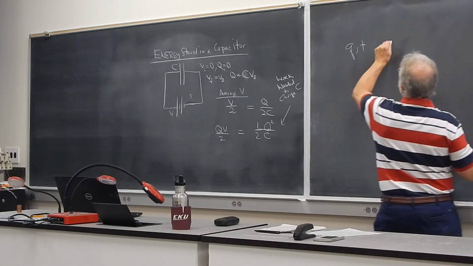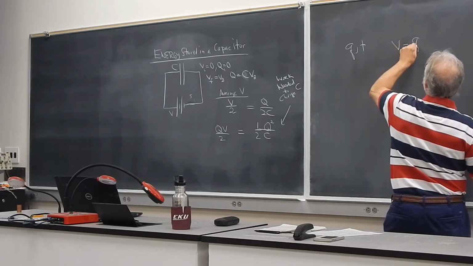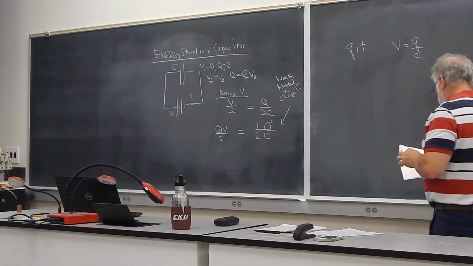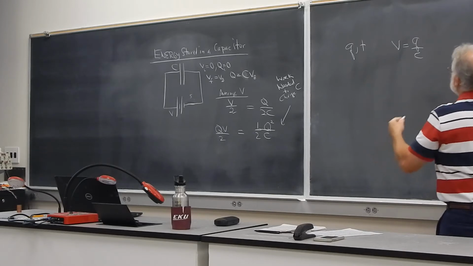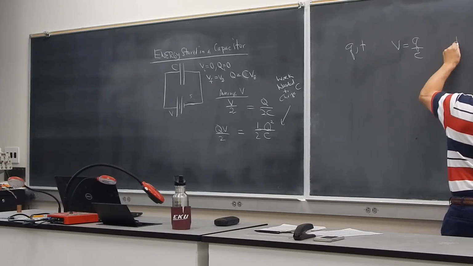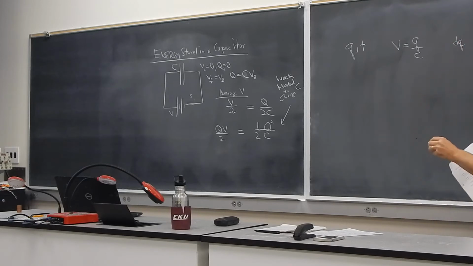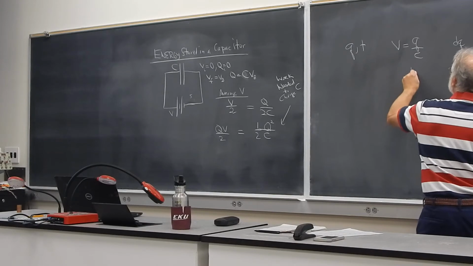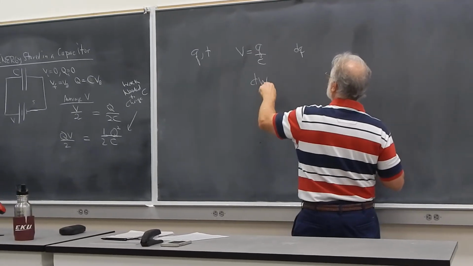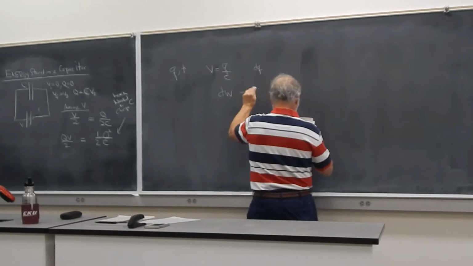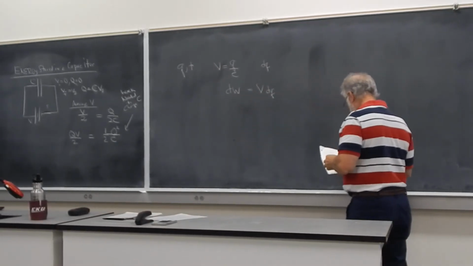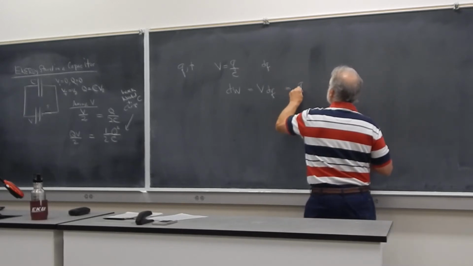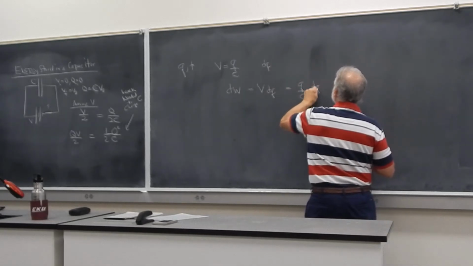Well, at this point, the voltage on the capacitor would be equal to q over C. If I want to transfer just a little bit more charge dq from the battery to the capacitor, the work I would have to do, this incremental amount of work, dW, would be equal to V times dq, which I can write as q over C dq.